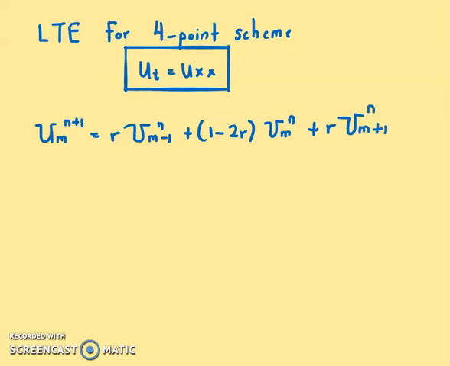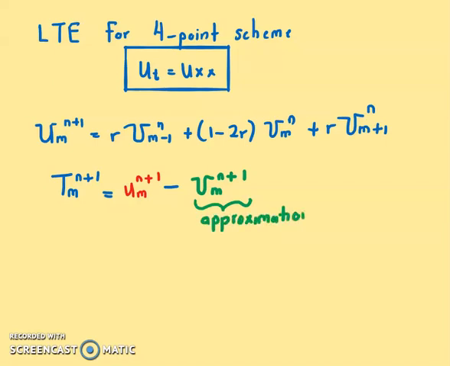Now the local truncation error is given by T_m^(n+1) equals u_m^(n+1) minus u_m^(n+1). Now this is the approximation, which is pretty much this one, and this is the exact.